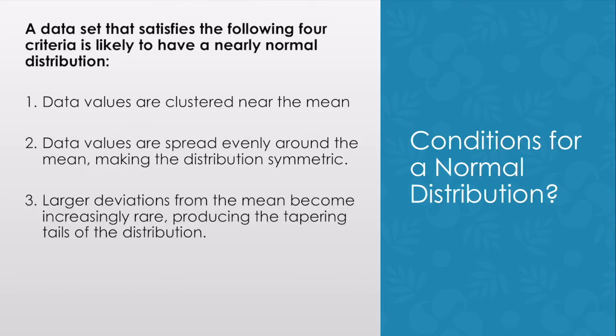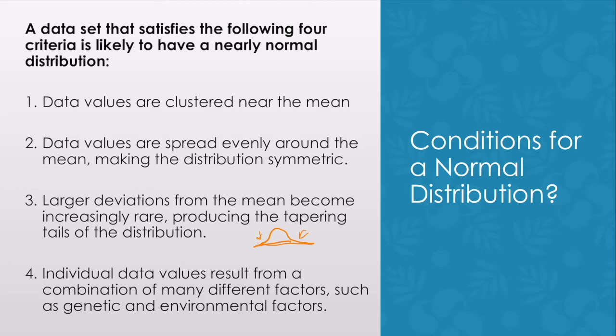Third, larger deviations from the mean, meaning data values farther and farther away from the mean, are very rare. And that's what produces the tapering tails. We call those the tails of our normal distribution. And fourth, individual data values result from a combination of many different factors, typically natural factors, such as genetic and environmental factors.